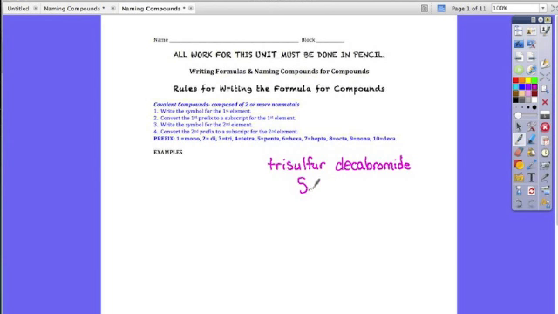The 3 becomes the subscript for my first element. Step 3, I'm going to write the symbol for my second element, bromide. And the second prefix, deca, becomes the subscript for the second element. Deca is the prefix for the number 10. So S3Br10 would be the formula for trisulfur decabromide.